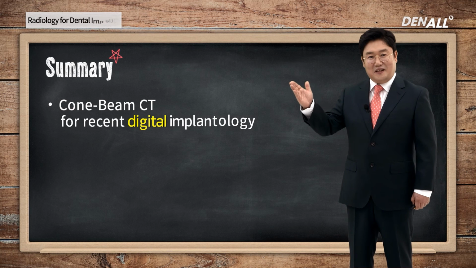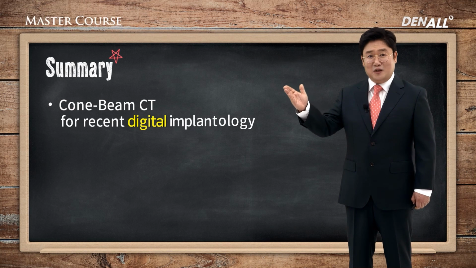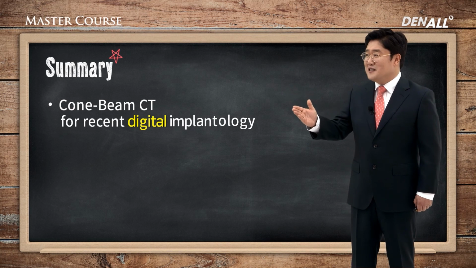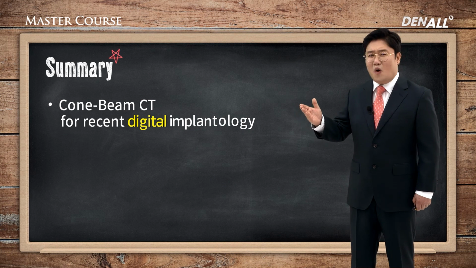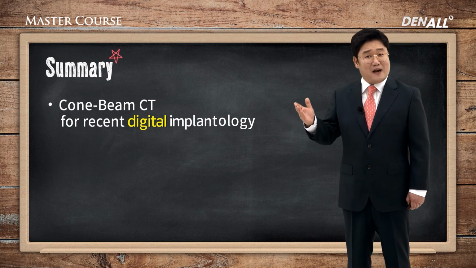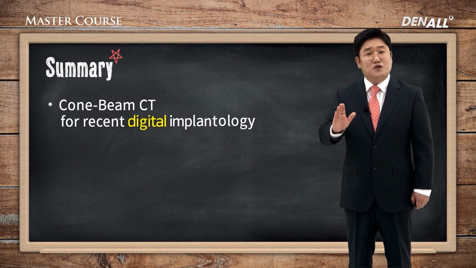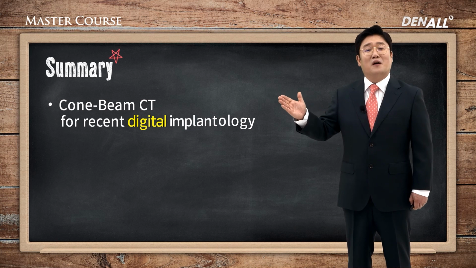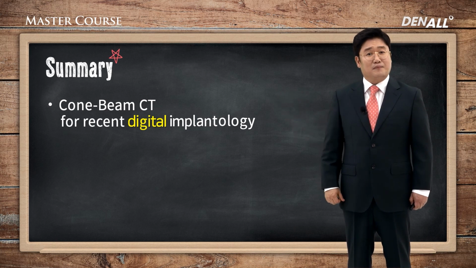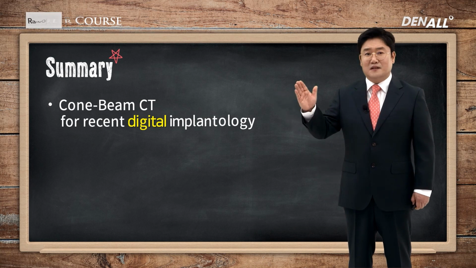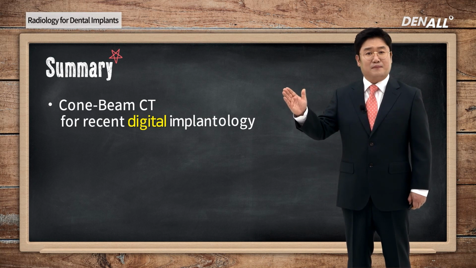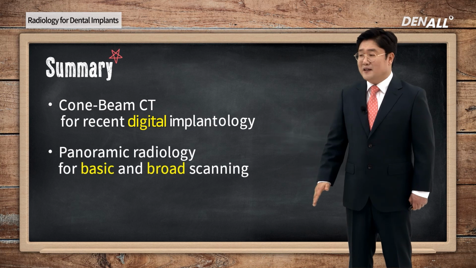Cone beam CT, CBCT or dental CT is the recent digital trend, absolutely necessary for digital dentistry. It helps for accurate surgical planning, and the surgical outcome can be accurately identified using CBCT. Without CBCT, we cannot talk about digital.